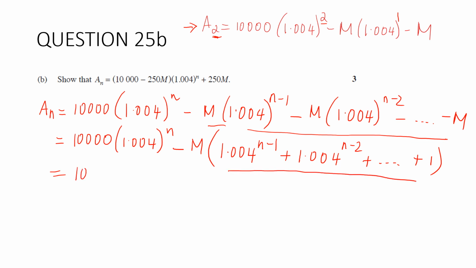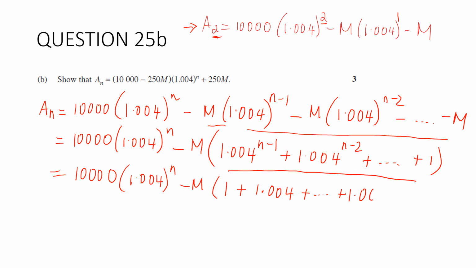Makes it easier for us to sum. 1.004 to the power of n, take M, (1 plus 1.004 plus dot, dot, dot, plus 1.004 to the n minus 1). All right, we're going to use sum of a GP to work out what this is equal to.